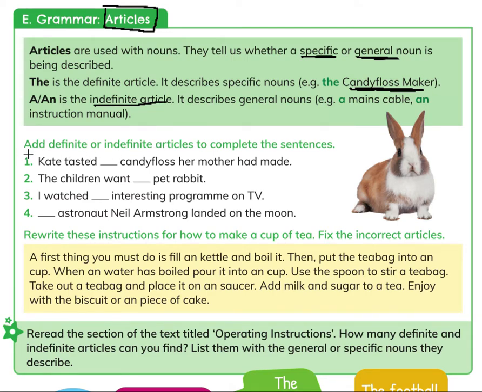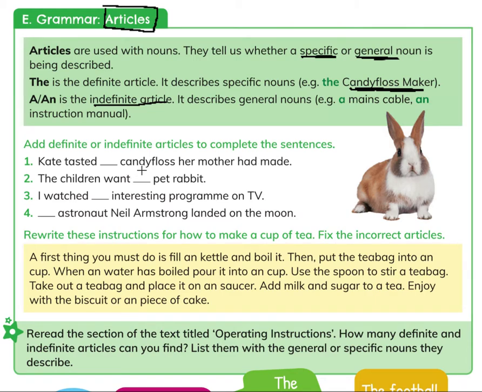So it tells you here to add definite or indefinite articles to complete the sentences, and only one will make sense. So Kate tasted a candy floss her mother had made, or the candy floss her mother had made. In fact, you possibly could use two in here, but I think it'd be more natural that Kate tasted the candy floss her mother had made.